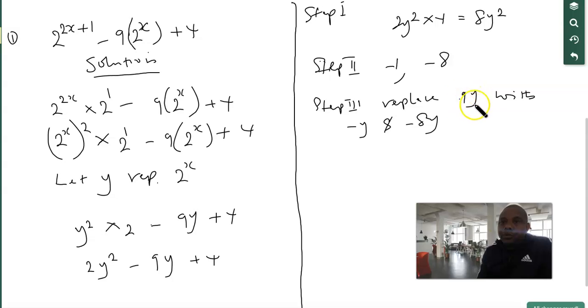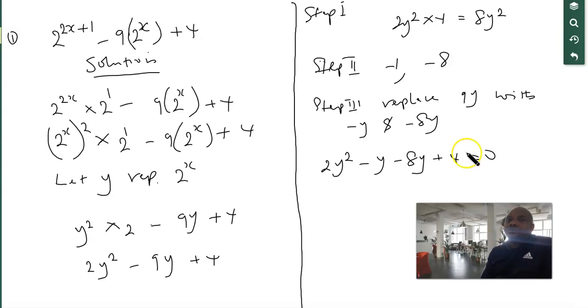Minus y is the same as minus 1y, because you can't just write the number without y. So I replace it, and therefore I have 2y squared minus y minus 8y plus 4 equals 0.